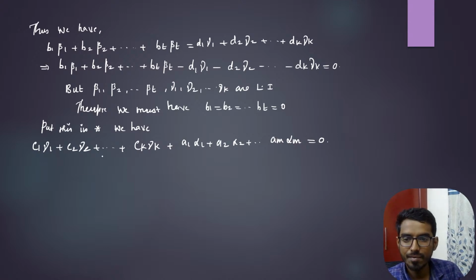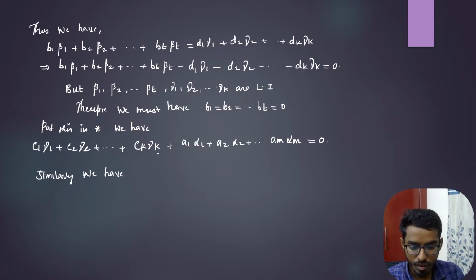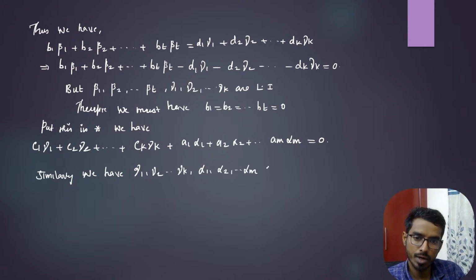And similarly, we have gamma 1, gamma 2 and so on up to gamma k, alpha 1, alpha 2 up to alpha m are linearly independent. So that means all the scalars have to be 0.